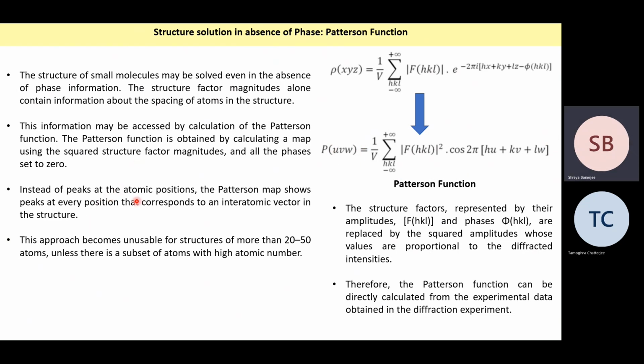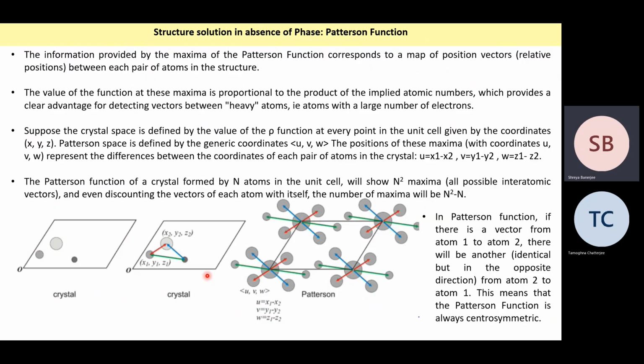So instead of a peak at the atomic position, the Patterson map shows peaks at every position that corresponds to an interatomic vector in the structure. So basically, in normal diffraction patterns, you get peaks corresponding to the atoms. And in the Patterson function, you will get peaks corresponding to the interatomic relations.